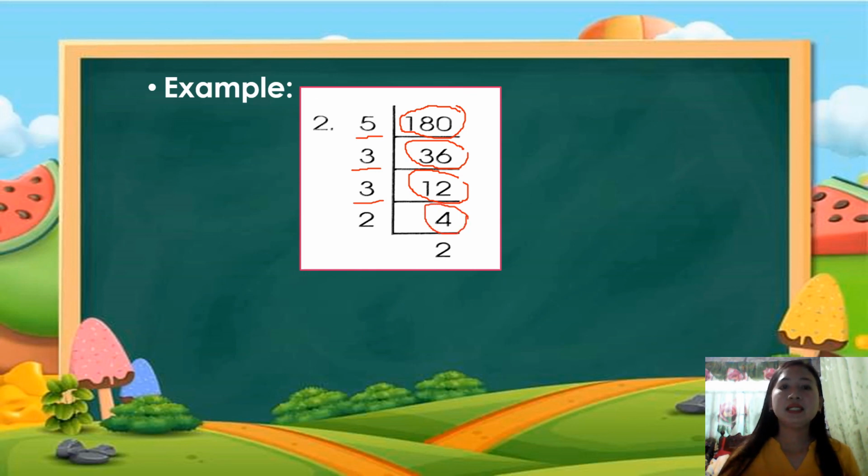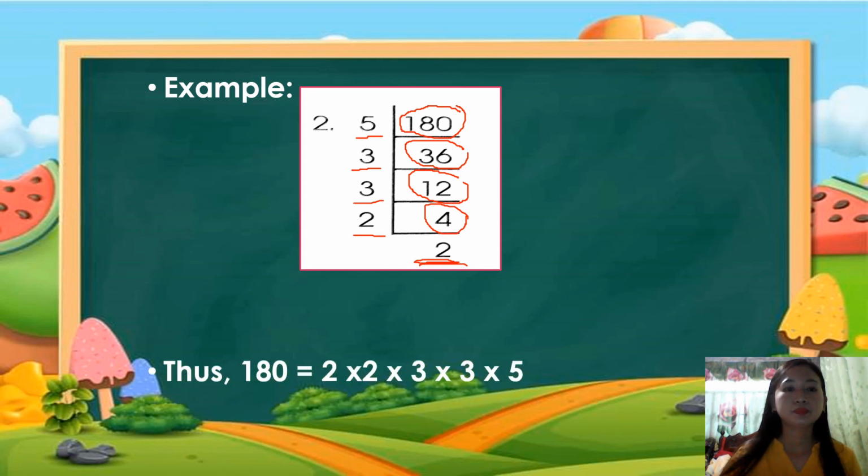4 is not yet a prime number. It is again a composite number, so we divide 4 by the prime number 2. 4 divided by 2, the quotient is 2. Now, 2 is a prime number.